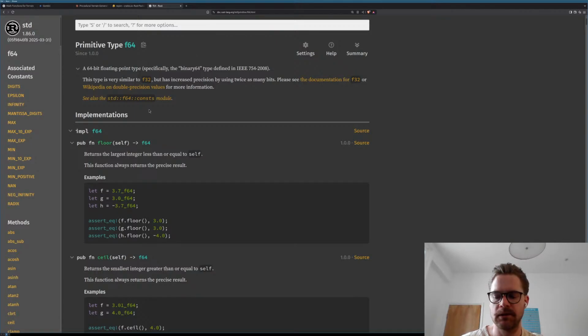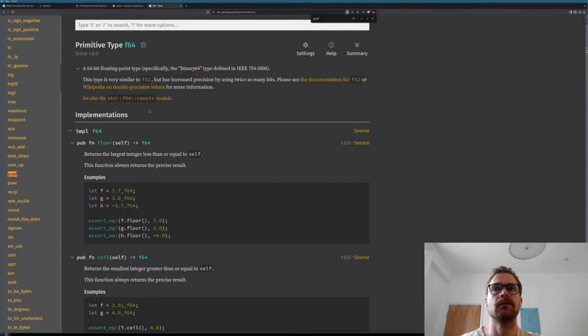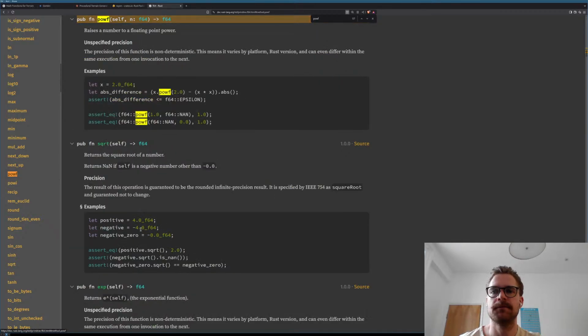Oh, wait. If I'm going to make it an actual game with Rust later, we'll see if I have the motivation to continue. Let's see. I'm just exploring Rust at this point.